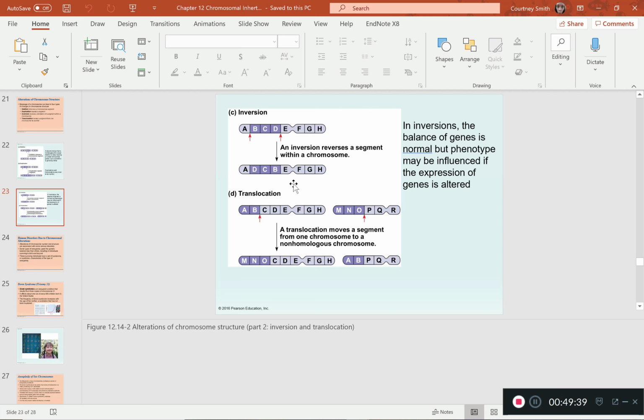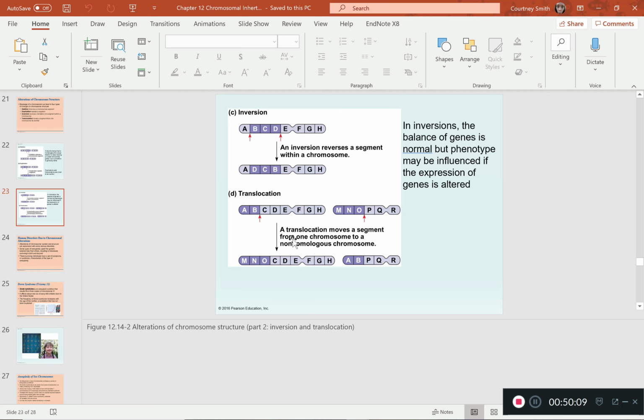And then the last one we're going to talk about is translocation. Translocation is where two different segments will swap. So in this case, we have ABC, and then we have another pair, which is MNO. So this is where they are going to swap places on the chromosome. Depending on what is actually replaced, it can be harmful as well.